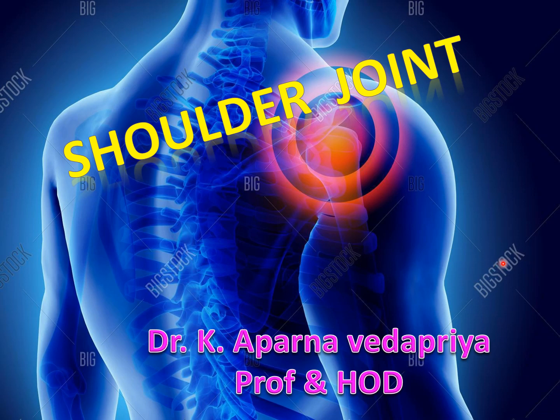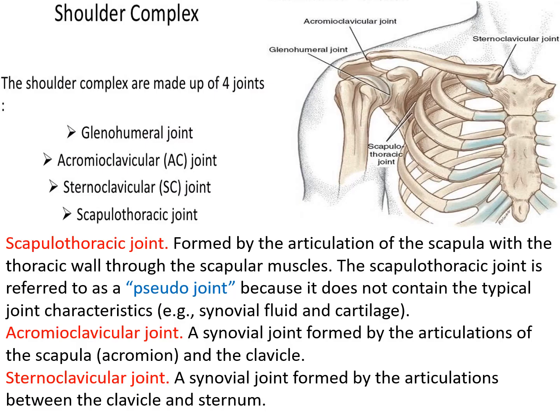In this topic, we are going to learn about the shoulder joint in detail. The shoulder joint is not a single joint, but a shoulder complex, consisting of the shoulder joint or the glenohumeral joint, the acromioclavicular joint, and the sternoclavicular joint.